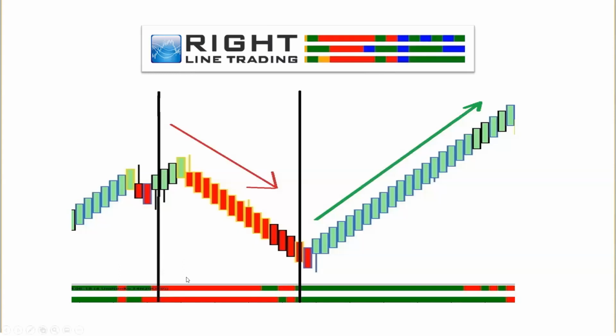Now, when you have stochastic and momentum both aligned in the same direction on a multi-time frame basis, ignoring your trading chart, price on your trading chart is almost always going to follow their assessment. If you try to counter trend trade them, you're going to get stopped out. And again, it's time frame independent. It doesn't matter whether you're trading a 1 minute, a 4 hour, a daily. These are fundamental forces that move price.